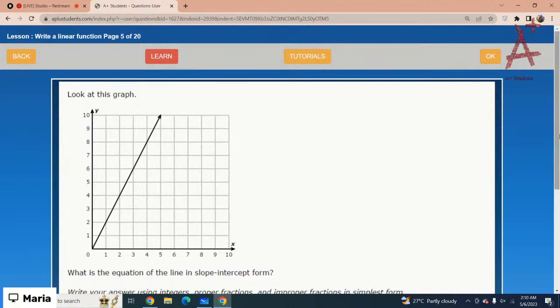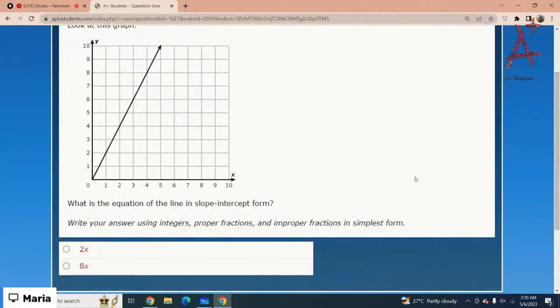Got it? Okay, now for this one, the graph is starting from the origin. So that means the y-intercept of the equation would be 0. You have to find the slope. I already told you how to find the slope from the graph. You just need to look at change in y. So select any 2 points like this one and this one. Got it? So you can just calculate change in y.